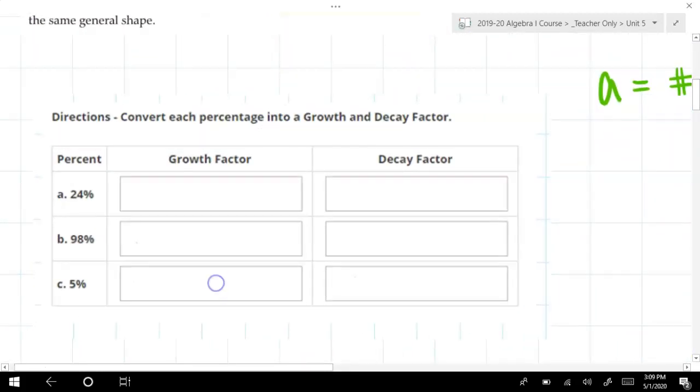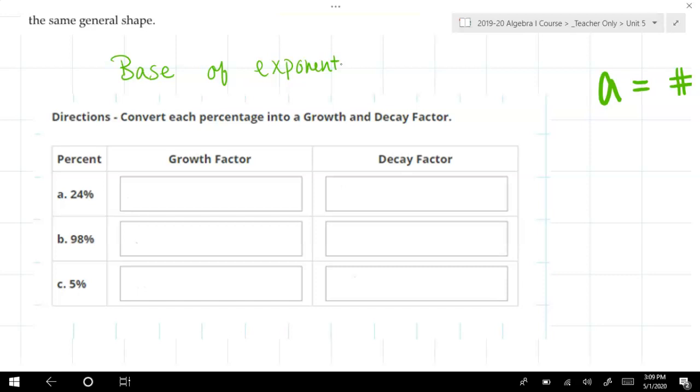Let's talk a little more about the base. It's the base of the exponent that determines whether the function is going to grow or decay. This number, the base, is a rate.